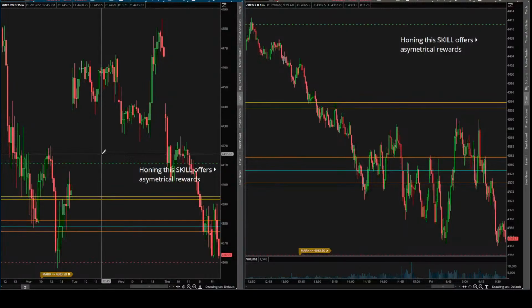Watching the 5-minute candle, we've got another 30 seconds left. Kind of struggling here so far to push lower. Let's see. Where are we at here? That one.